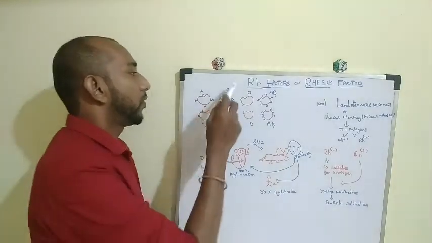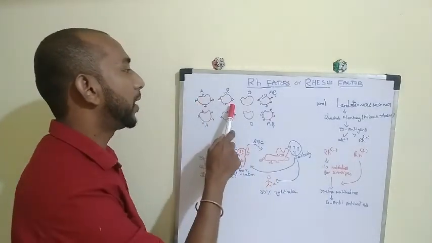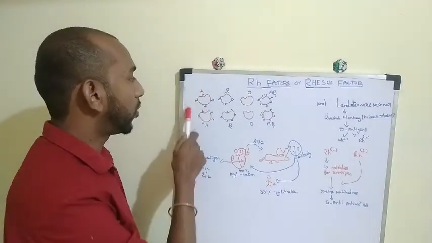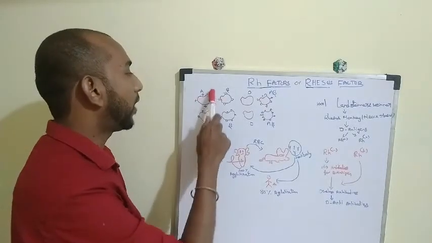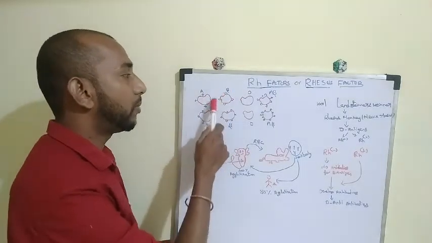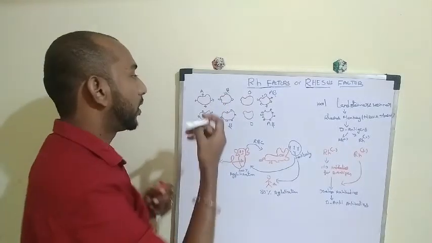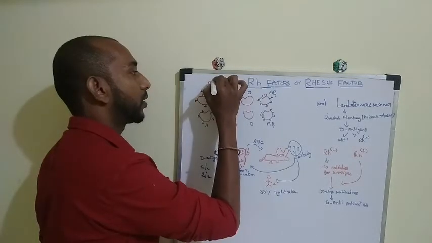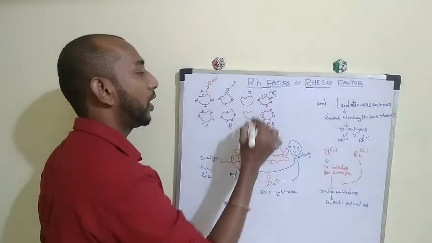So we know we commonly have 4 blood groups: A, B, O and AB. On the surface of the A blood group, especially on the surface of the red blood cells, we'll have A antigen. If you take B blood group, we'll have B antigens. Likewise, they will also have B antibodies, and this one will have A antibody.